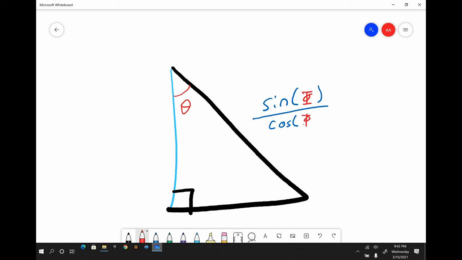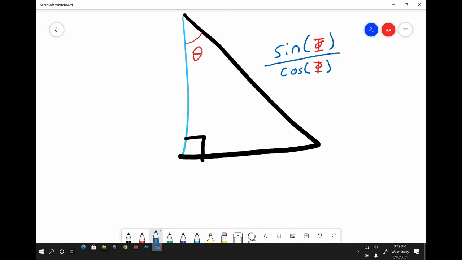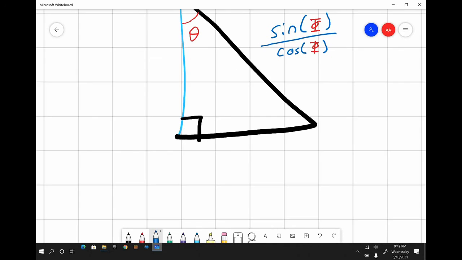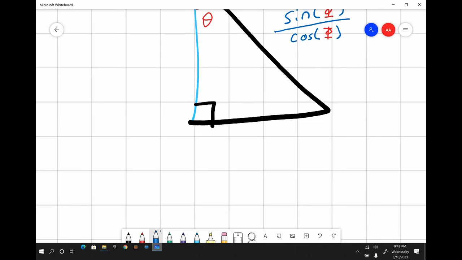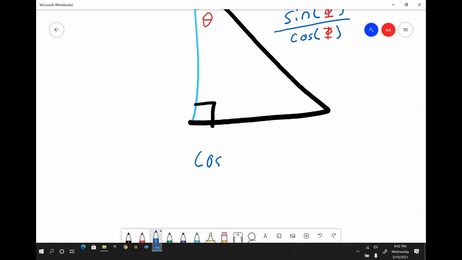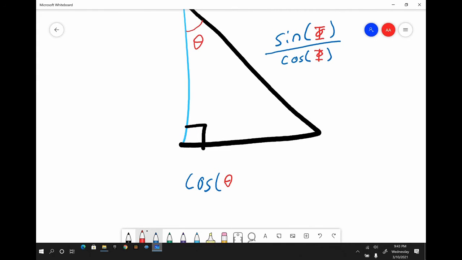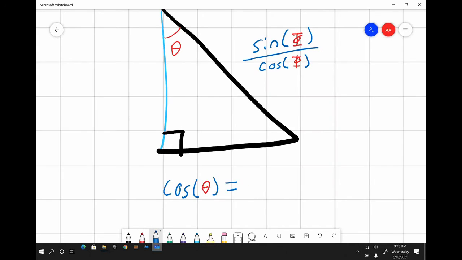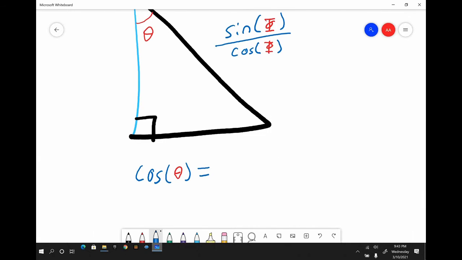And using these two known values, we can solve for the height. So we know that the cosine of an angle is equal to the adjacent side over the hypotenuse. In this case, the angle is theta.